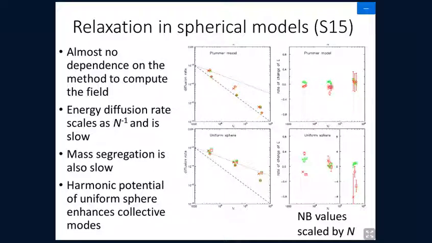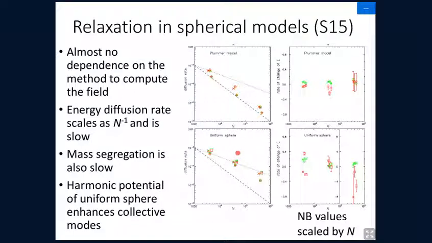This is an attempt to show what the heavy and light particles are doing. The light particles are relaxing a little bit more rapidly, but in order to see any difference at all here, I had to scale the values by n, so that this is suppressing the real variation, which of course shows that the relaxation rates are getting smaller.